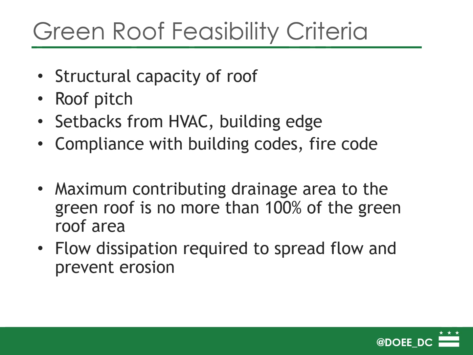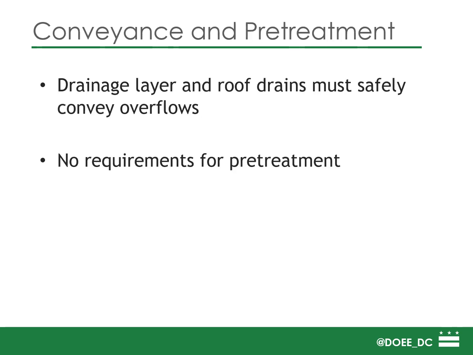So if you're conducting runoff from a higher level roof through a downspout, if it's discharging at a point, you want to dissipate that energy to make sure that it's not going to wash out the plants or the media that's in that area of discharge. Conveyance and pretreatment. So it's important that the drainage layer and the roof drains can safely convey the overflow.